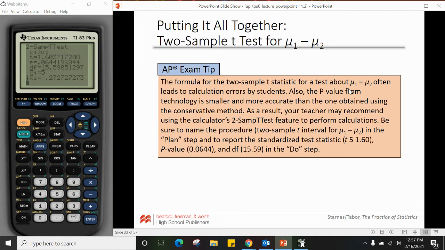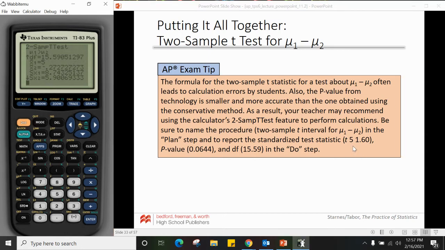Also, the p-value from technology is smaller and more accurate than the one obtained using the conservative method with the table. So I'm going to suggest that you use the 2-sample t test on the calculator. But if so, make sure you label everything and put everything down in the plan and do phase so that you get enough credit. So I would probably write down my x bar 1, my x bar 2, and my sample standard deviations, so I get that information down.